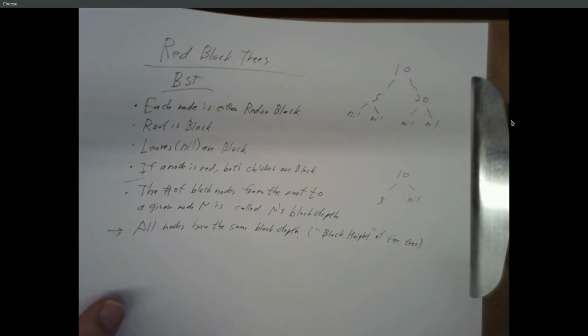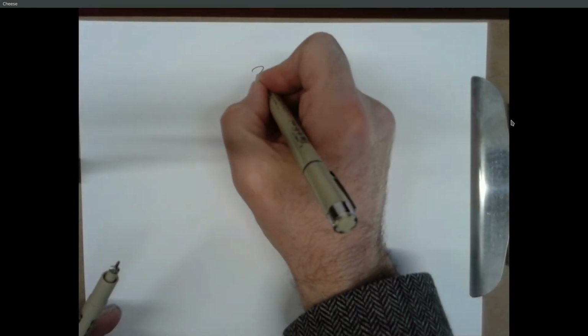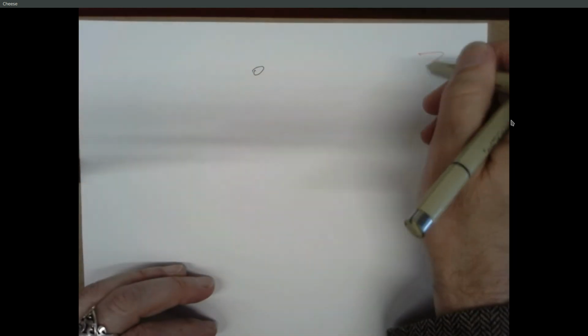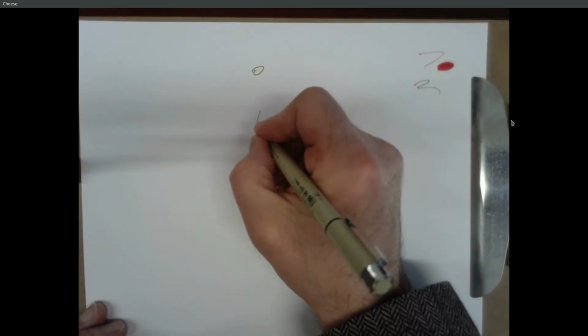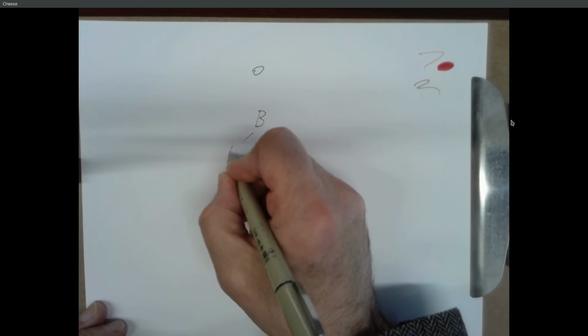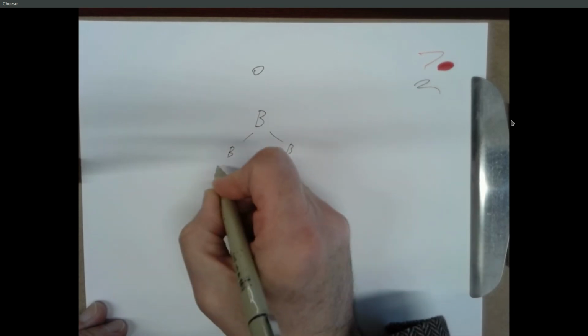So let's make some picture examples. Root's got to be black. Can you actually see the difference between black and red? Not very easily. That's a little better. Well, okay, we'll just label them. Alright, so there's black, black, black.